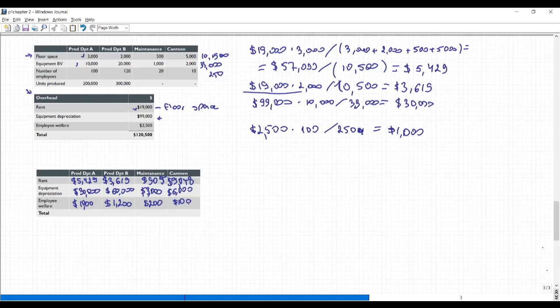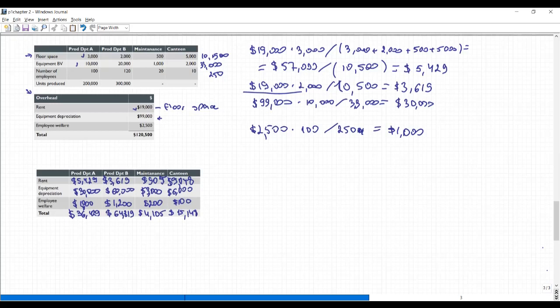So now we are going to calculate the total overhead. The total overhead is going to be 36,429 for production department A. For production department B, it's going to be 64,819. For the maintenance department, it's going to be 4,105, and for canteen, it's going to be 15,148.